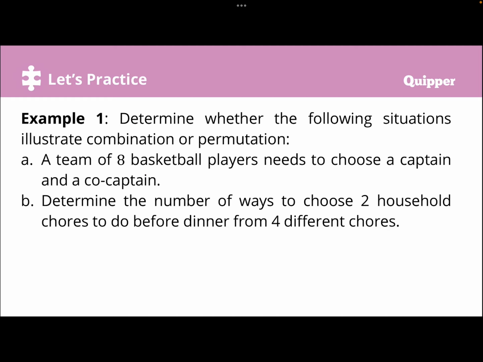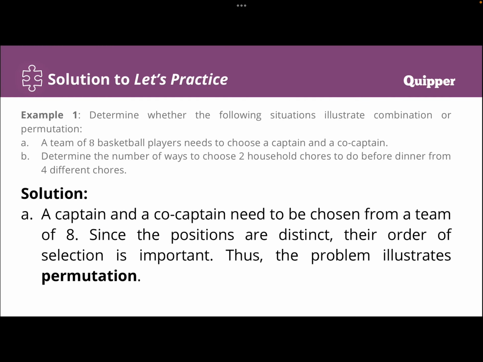So for letter A, a team of 8 basketball players needs to choose a captain and a co-captain. So do you think the order here is important or not? What do you think? So in letter A, a captain and a co-captain need to be chosen from a team of 8.